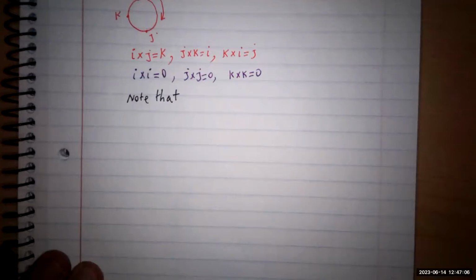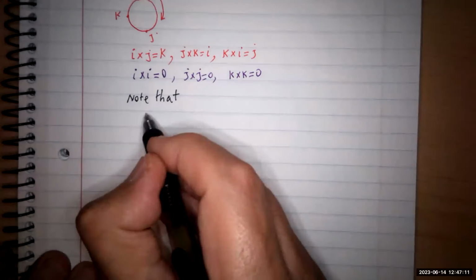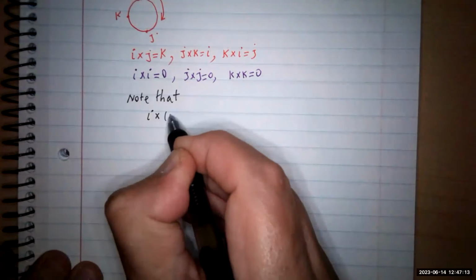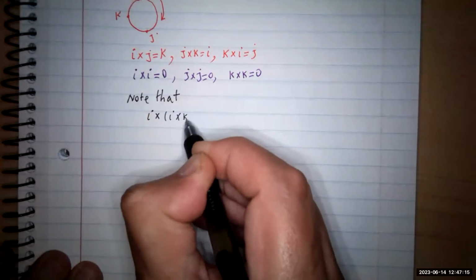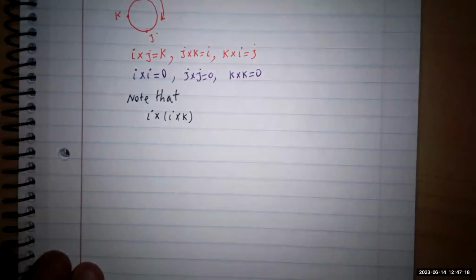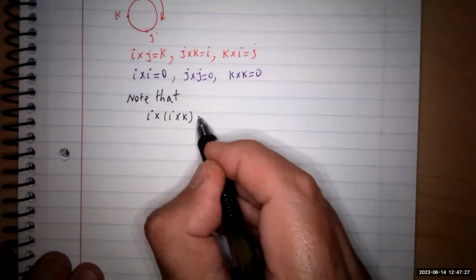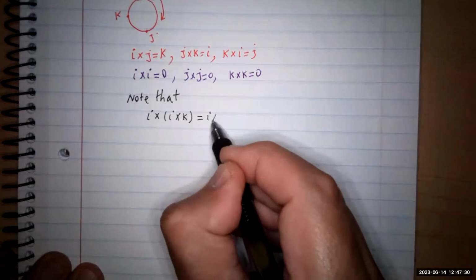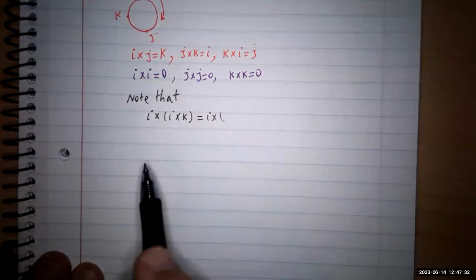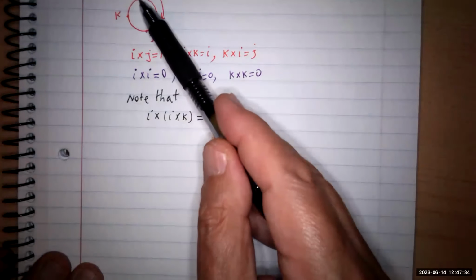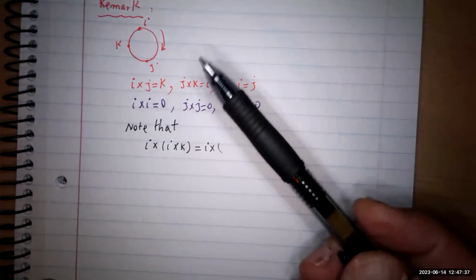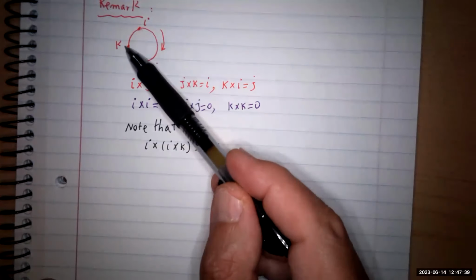So for example, if you want to simplify this expression, I cross K, let's say I'm going to find this one. It's going to be equal to, what is I cross K?